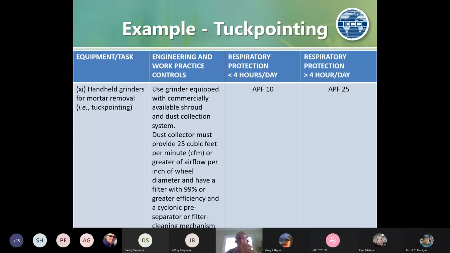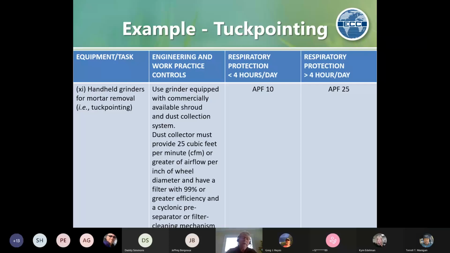It's right near your breathing zones. You're right at the source, so it tends to generate a lot of airborne particulate in the small respirable size range. And so in this case, they would require engineering controls, including a commercially available shroud and dust collector system.